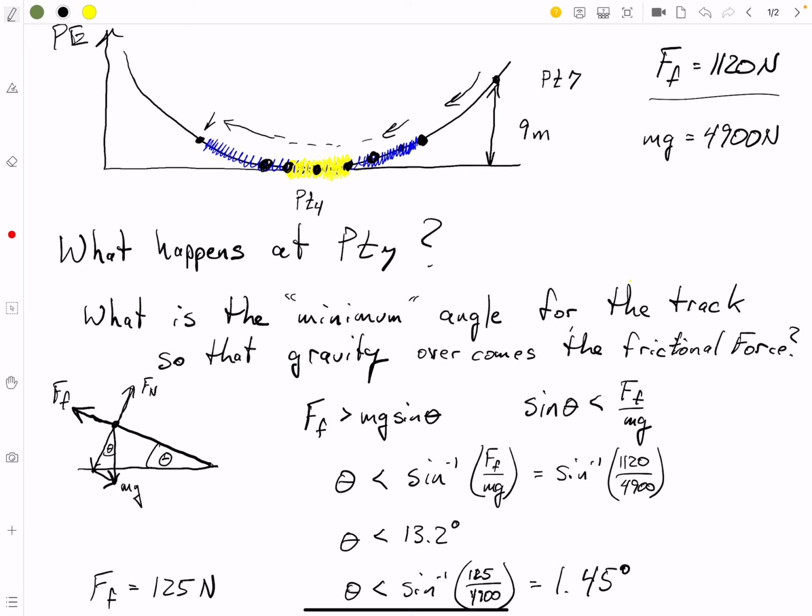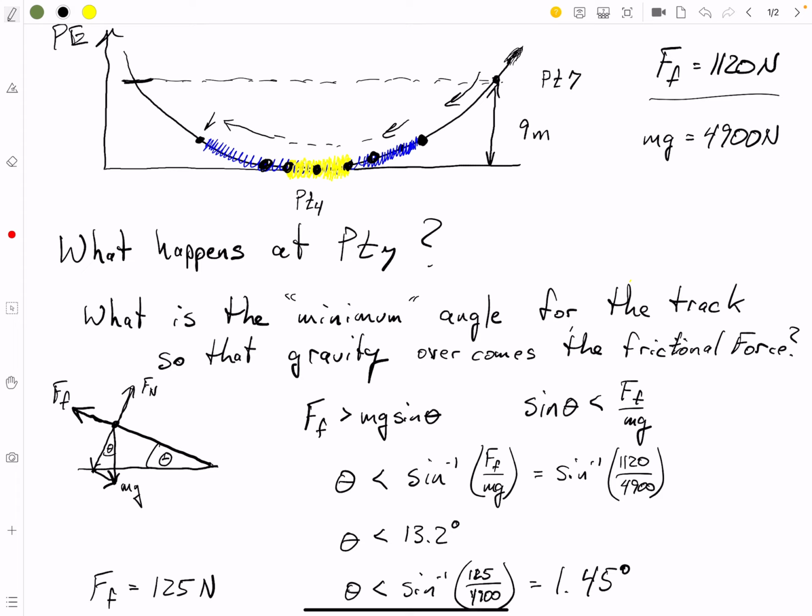This is also saying that we really started out with a potential energy that wasn't so great that it would get us past the hump. So we're actually limiting ourselves to this maximum potential energy.